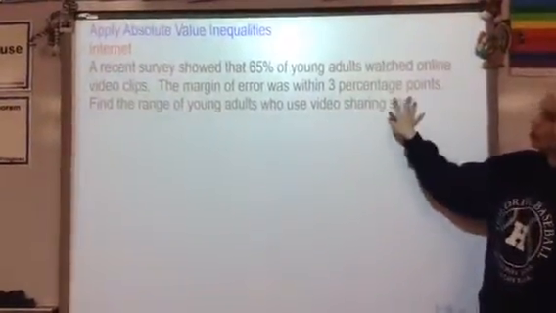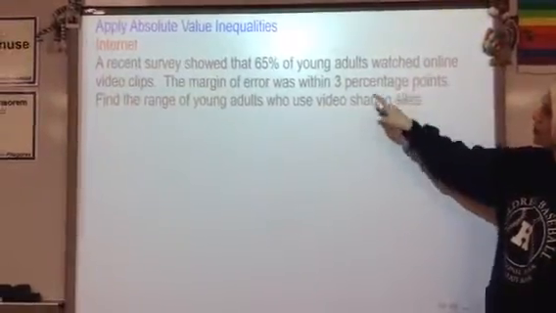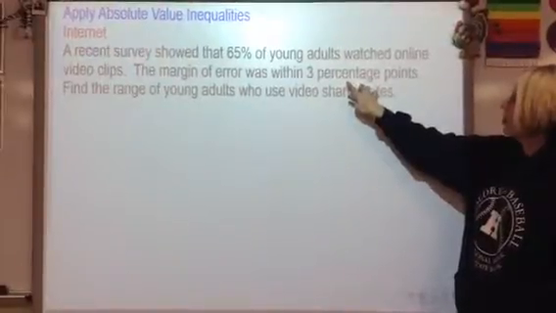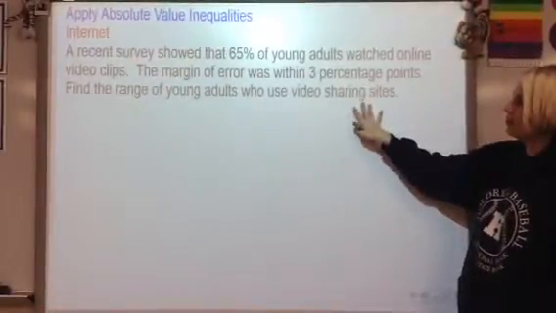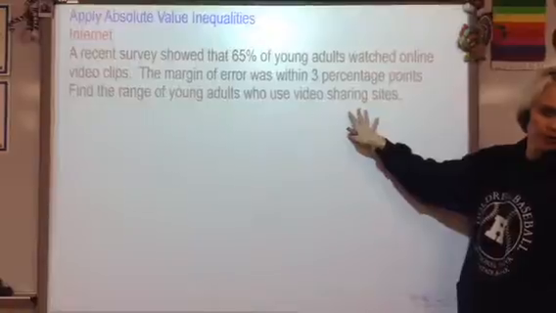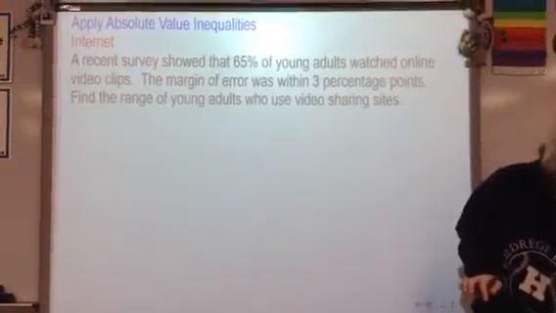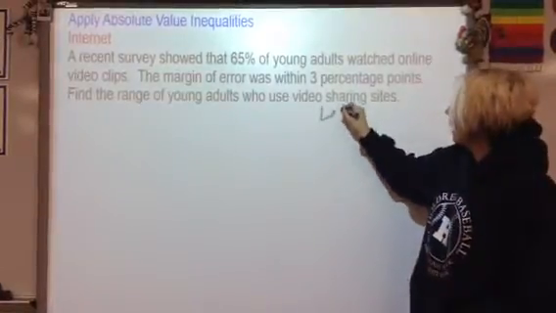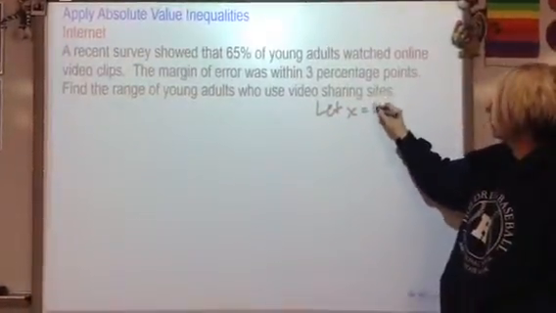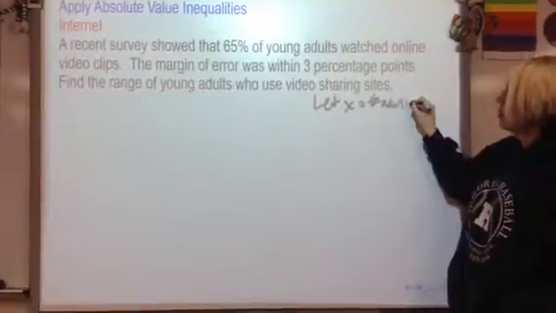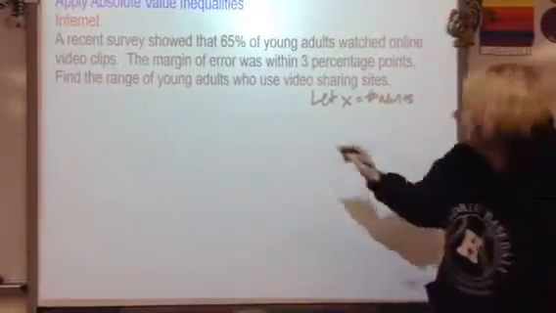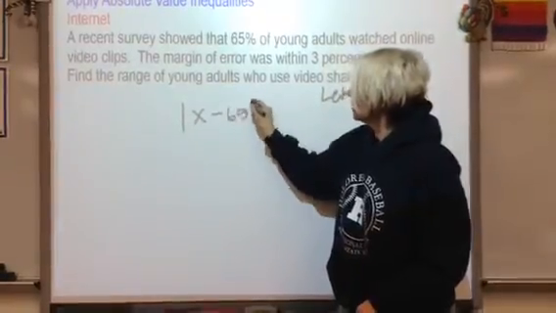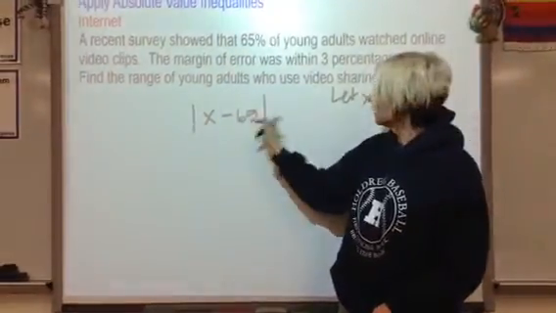Here is a real-world problem. A recent survey showed that 65% of young adults watched online videos. The margin of error was within 3 percentage points. So we want to find the range of young adults who use video sharing sites. If you remember the last time we did an absolute value problem together, if we have x be the number of adults, we know that we have the absolute value of x minus 65, because it's a positive 65%.